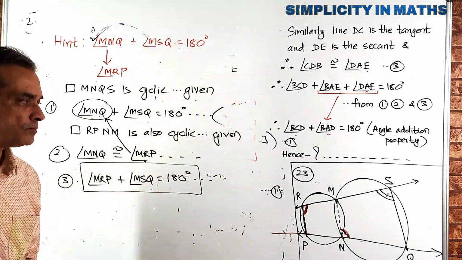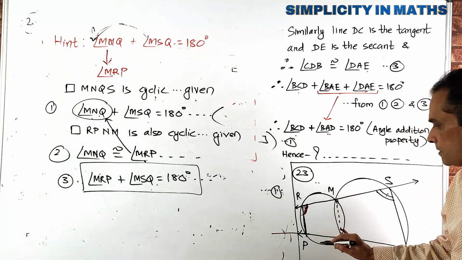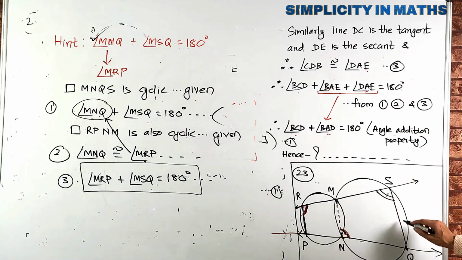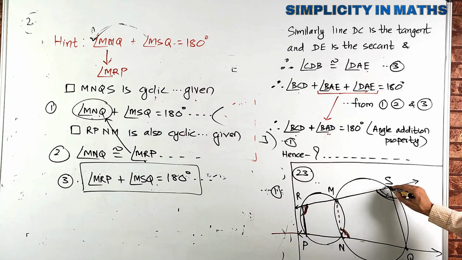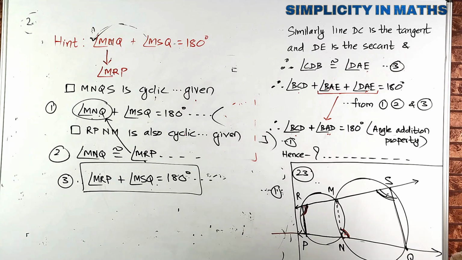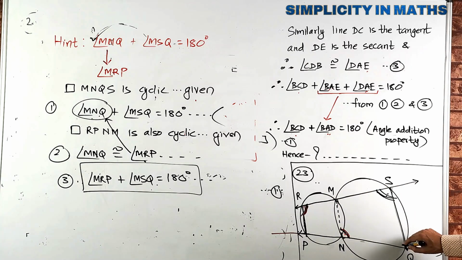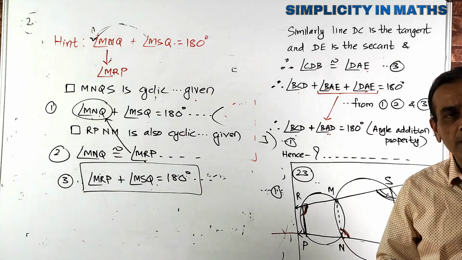अभी डायग्राम देखो. Angle MRP plus angle MSQ, this angle plus this angle is 180. अभी ये interior angles है. Okay, C-shaped, and they are supplementary.